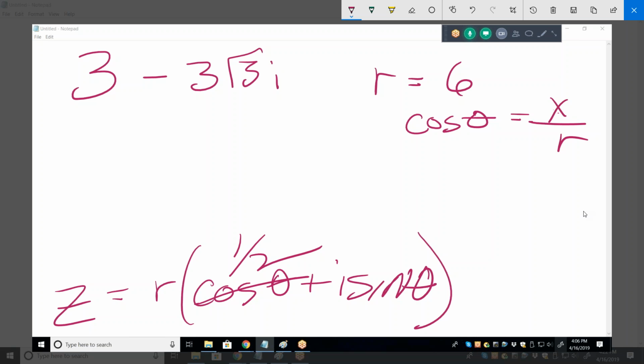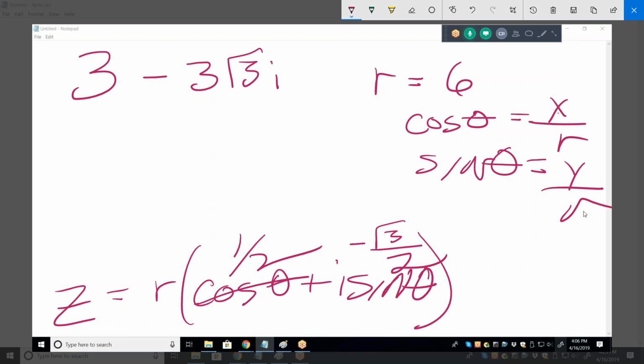All right, z equals. All right. And the sine of theta is root 3 over 2, or negative root 3 over 2. Would you keep the negative? Yes. Okay.